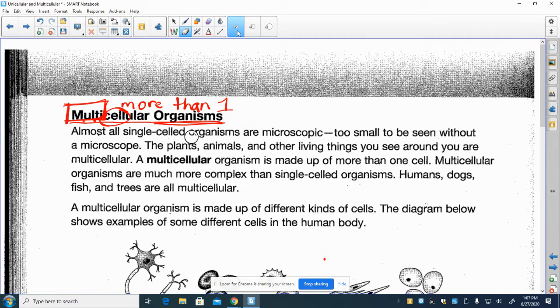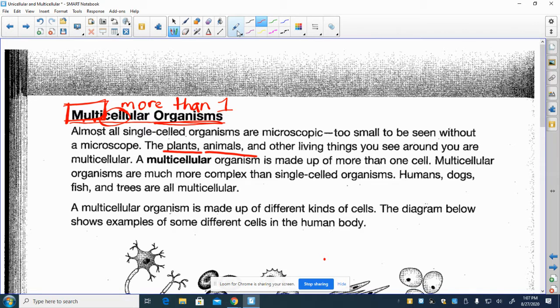Almost all single-celled organisms are microscopic, too small to be seen without a microscope. The plants, animals, and other living things you see around you are multicellular. Okay, so the things that you can see are multicellular.